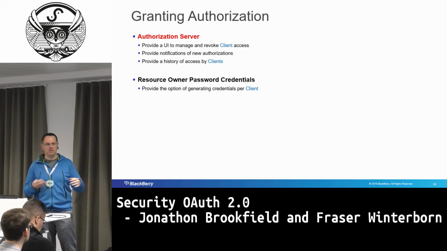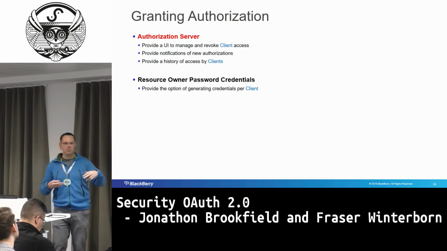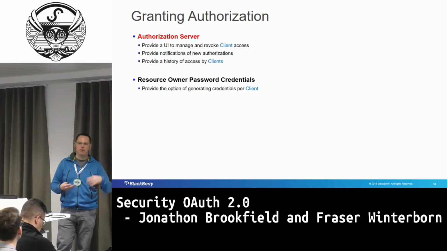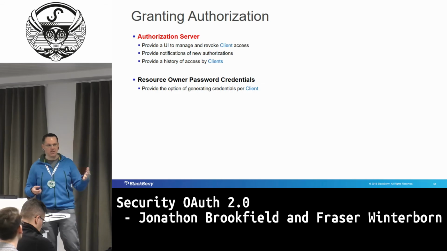So again, if you go back to some of the big identity providers like Facebook and Google, you can go into your account there and you can see which applications or which clients are associated with what features, and for some of them you can actually see what they've been doing as well.